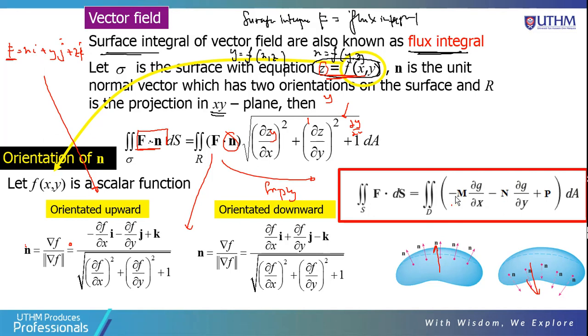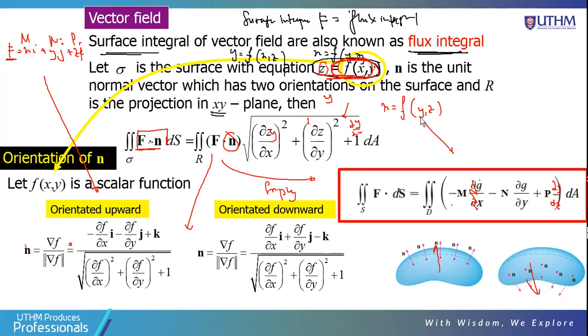Okay, so you can determine what m is here, this one n, this one p. Then partial, what is the function here. This one is the surface in terms of the equation of z, so dg/dx, dg/dy. If the surface is x equals f(y, z), in this way, what you need to change is only here, x becomes m, and this becomes partial y, this becomes partial z.